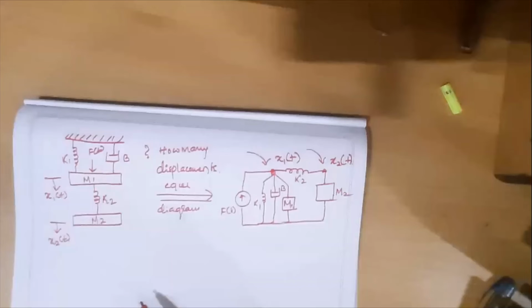Excuse me, sir. In this equivalent diagram, I just wanted to know how is the direction of f of t? Okay, I'll answer your question. Anybody else has any other question? You can ask now itself. I'll consider all together.